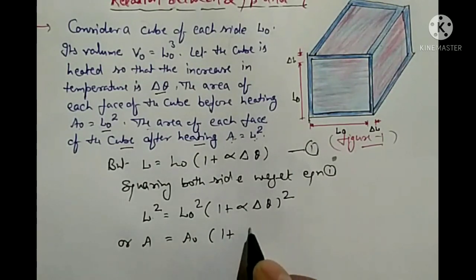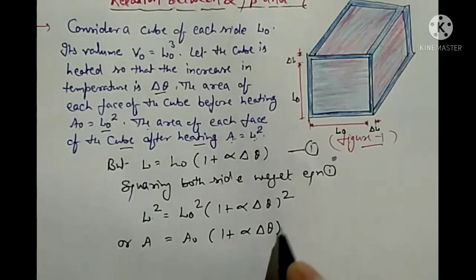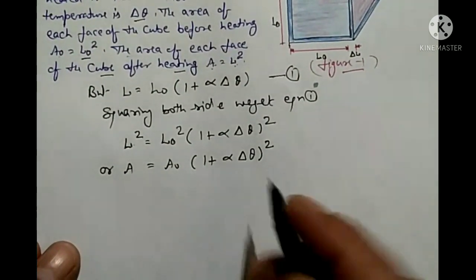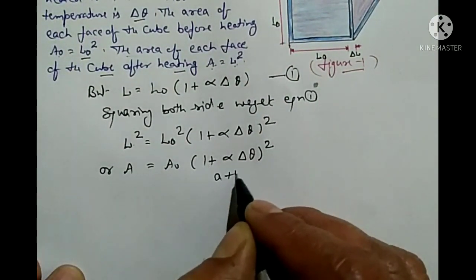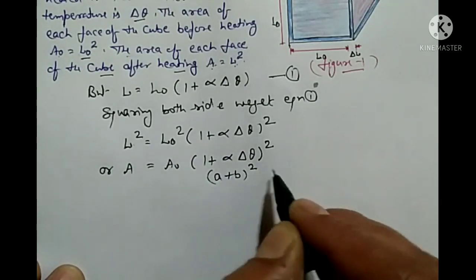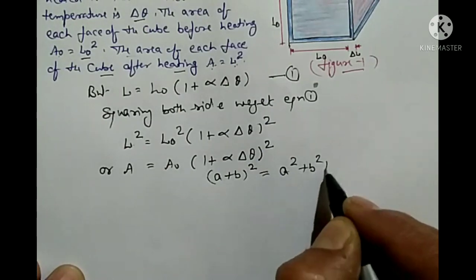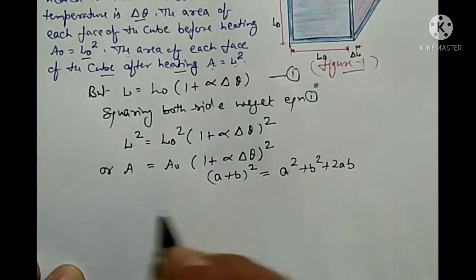We have (1 plus alpha del theta) whole square. Here apply the mathematical formula (a plus b) whole square equals a square plus b square plus 2ab.